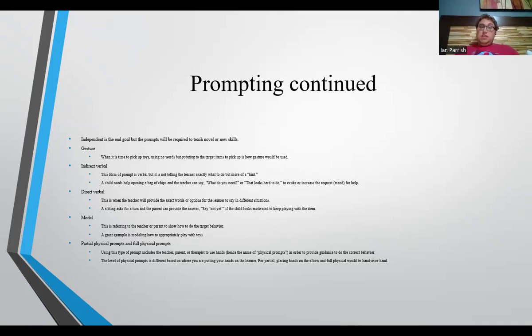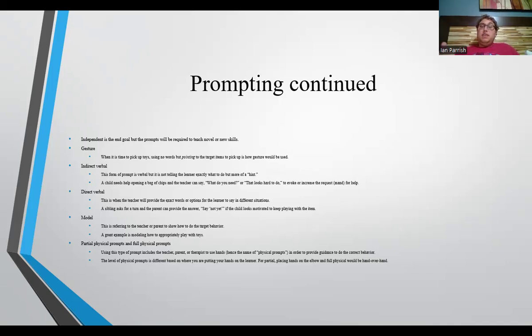So indirect is a form of prompt that does require verbal, but it's not direct, hence the name. It's not supposed to be a clear-cut answer. It's more like a hint. If a child is trying to open a bag of chips or goldfish, an indirect prompt could be, "What do you need?" You're technically not telling them to say open. You're saying, "What do you need?"